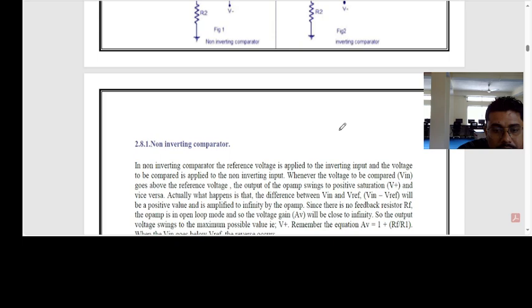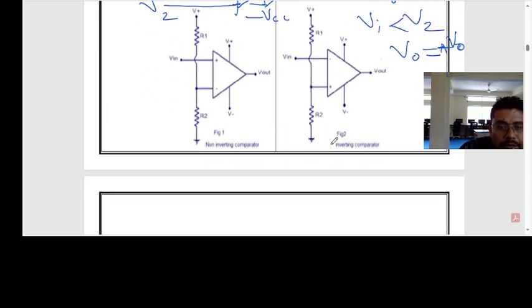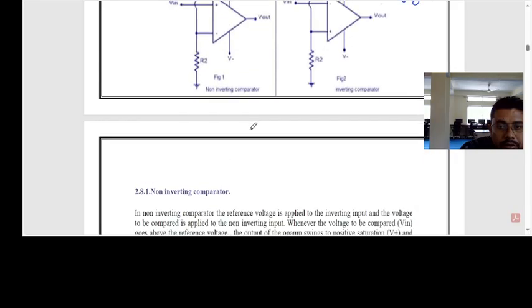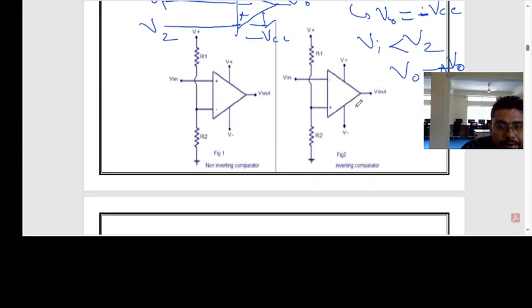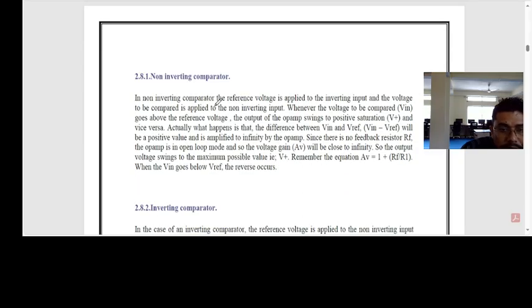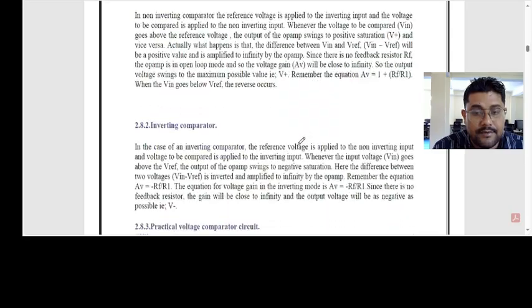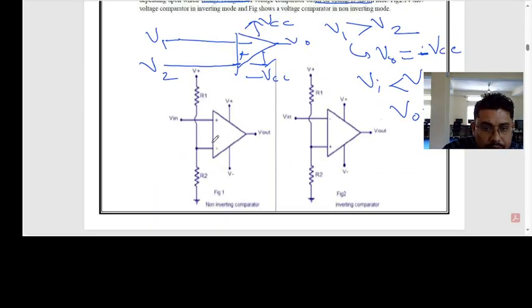This is the general comparator. In a non-inverting comparator we apply a reference voltage to the inverting terminal, and the input voltage is compared on the non-inverting terminal. Here one voltage is at the inverting terminal. This is the reference voltage. We can set the reference voltage.